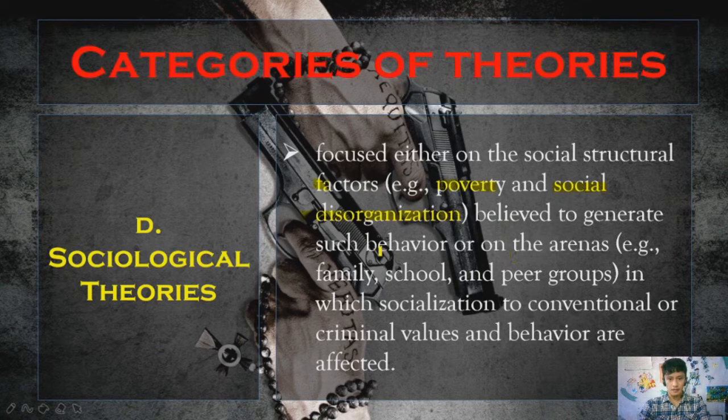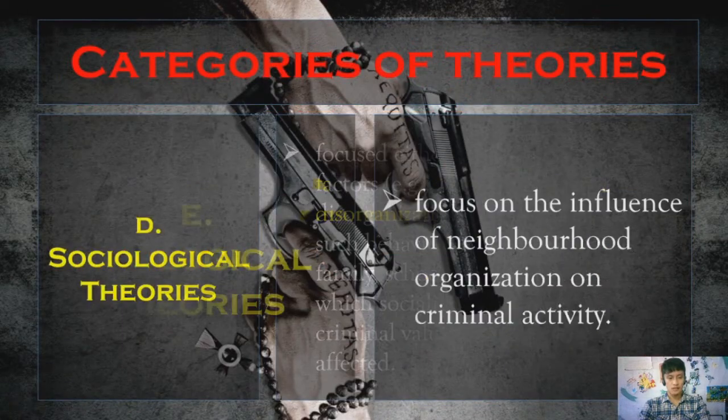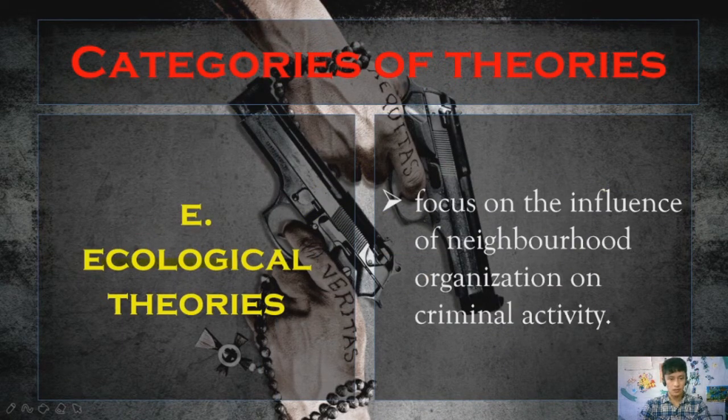And then on the other hand, we have here how does this poverty or social disorganization affect the behavior of that person. Okay, and then on the other hand, nandyan din yung pamilya na kinabibilangan niya, school, and then grupo na kinabibilangan niya. Okay, and then that is all about sociological theories.